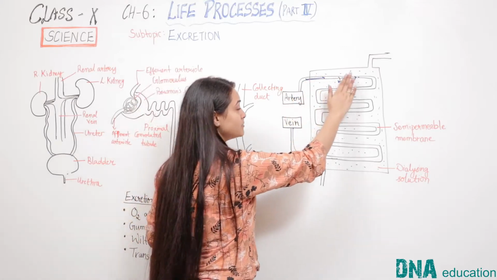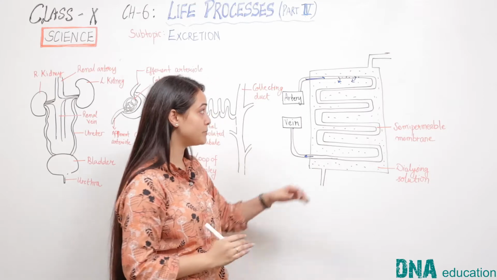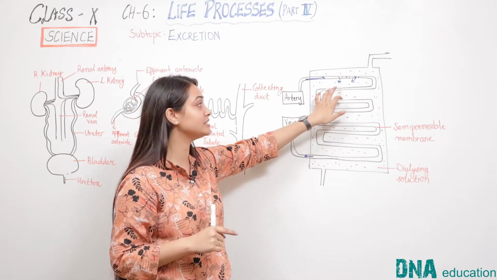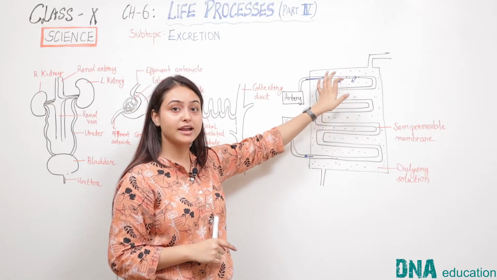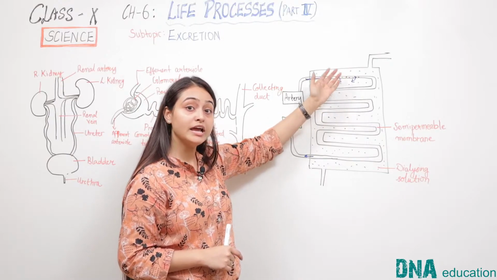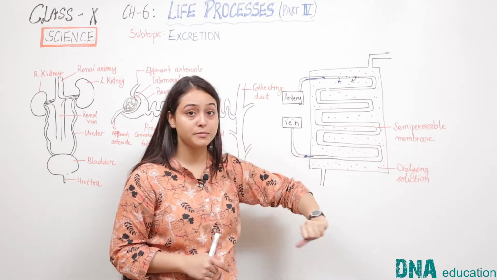Now when the waste rich blood passes through the semi-permeable membrane, by the process of diffusion, the waste materials present in the blood like urea and other nitrogenous compounds diffuse from the blood into the dialysing solution through the semi-permeable membrane.